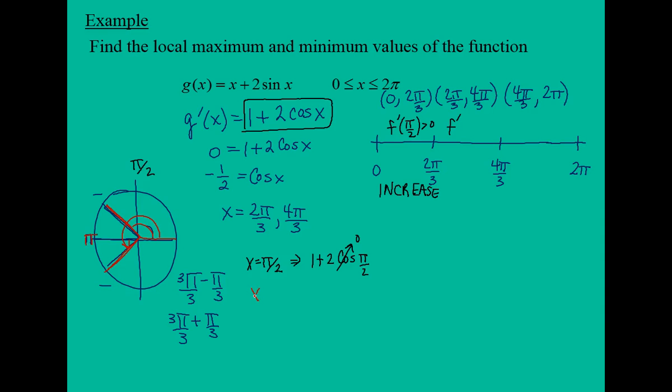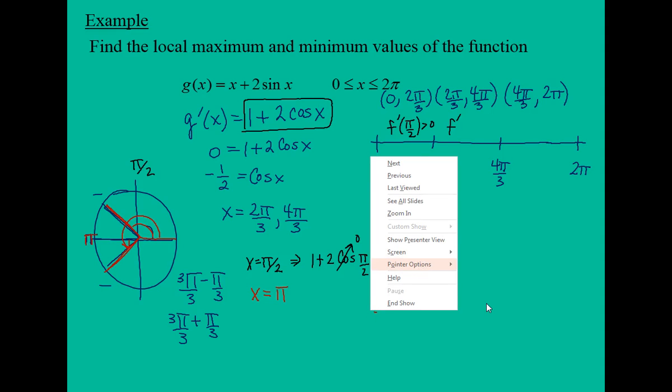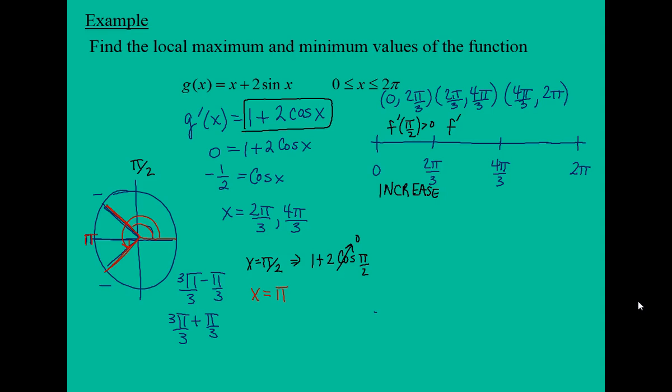So here's where x equals pi. So if we plugged in pi, we'd have 1 plus 2 times the cosine of pi. And we know the cosine of pi is -1. So we'd have -2 plus 1. So we get a negative value when we plug in pi. So we would be decreasing on this interval.